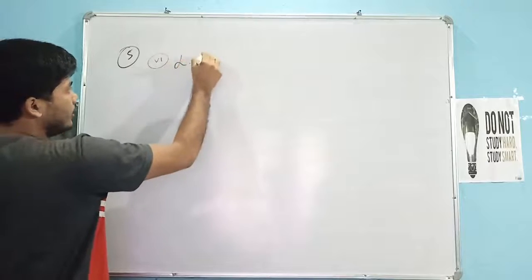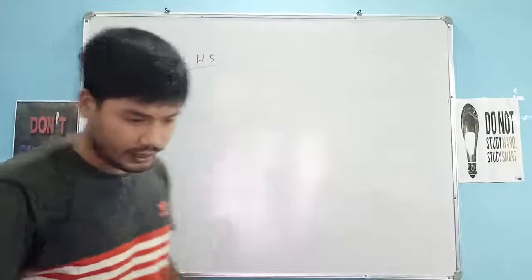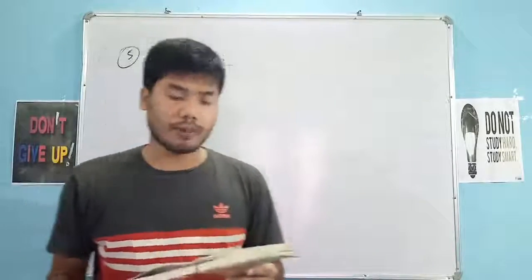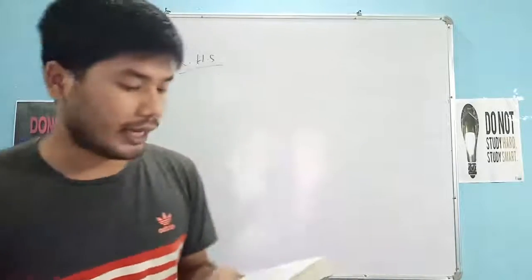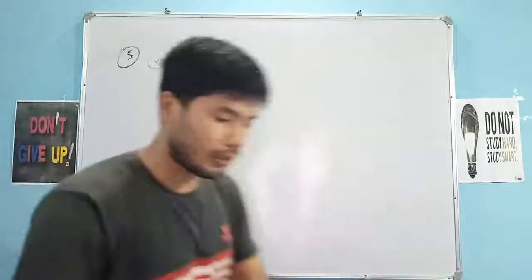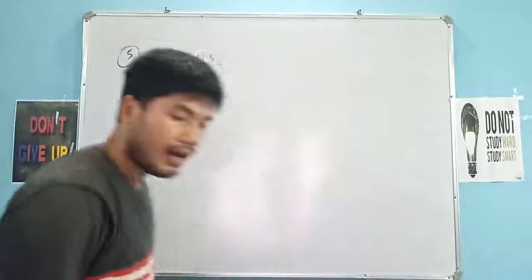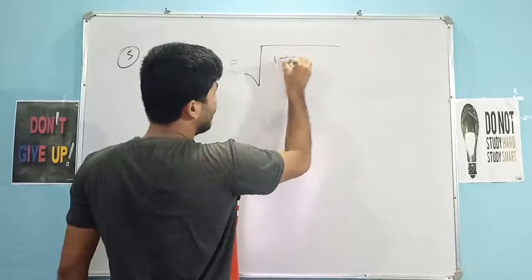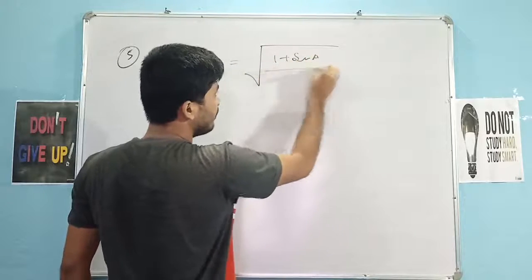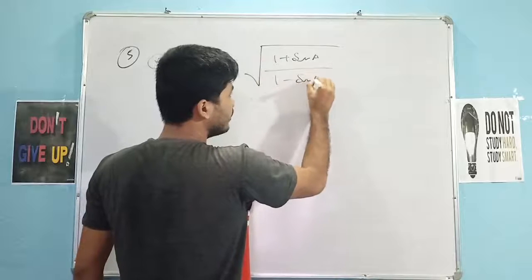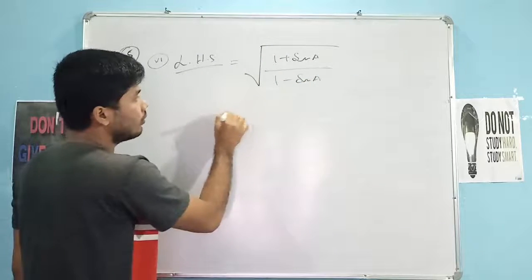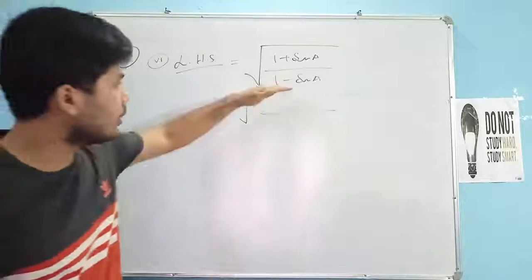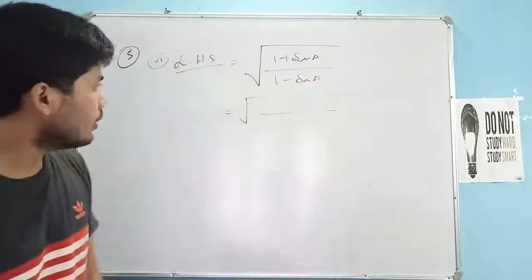What is question number 6? Prove that the square root of 1 plus sin A by 1 minus sin A is equal to sec A plus tan A. So okay, left hand side, 1 plus sin A by 1 minus sin A. Let's take the denominator.